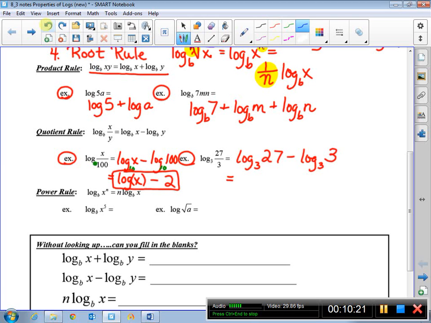Log base 3 of 27 is the exponent that goes on 3 that gives us 27. That's 3. Minus log base 3 of 3 is the exponent on 3 that gives us 3, which is 1. So this example keeps going.